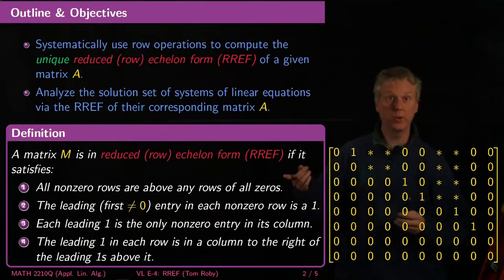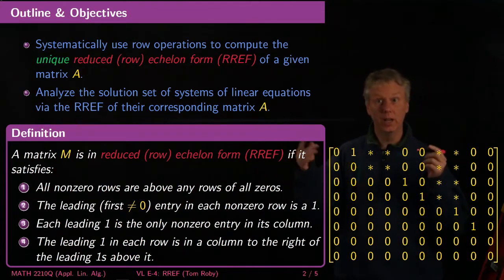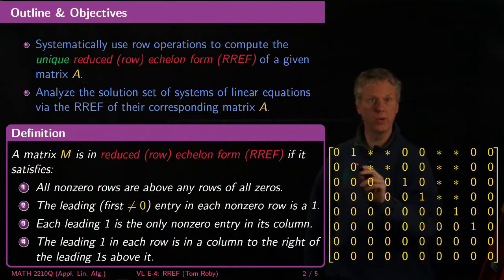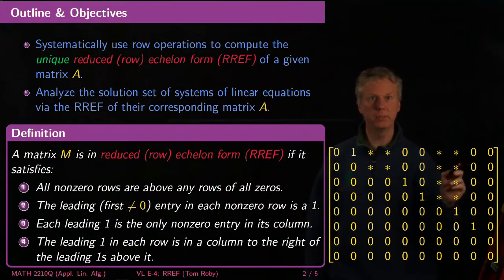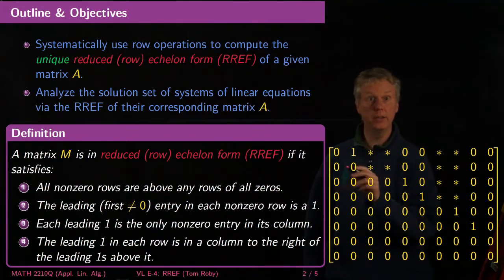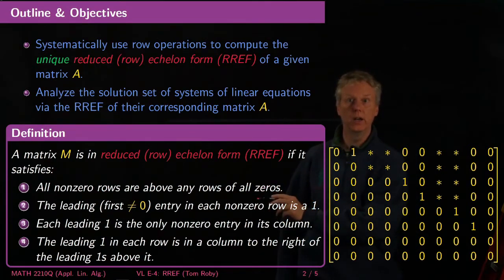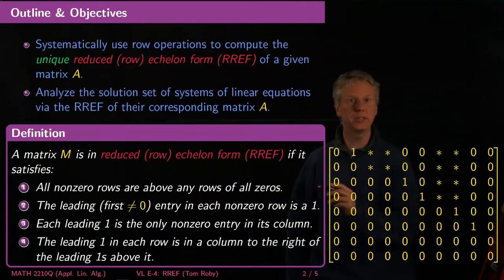Okay, so why is it not in reduced row echelon form? Notice that in this row, I've put non-zero entries here. These stars indicate possibly non-zero entries, but the first non-zero entry in each row has to be a 1.